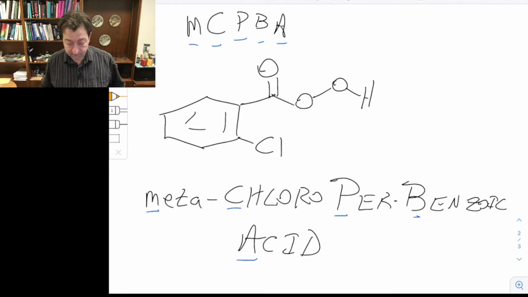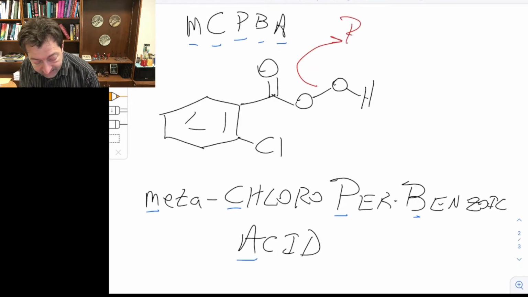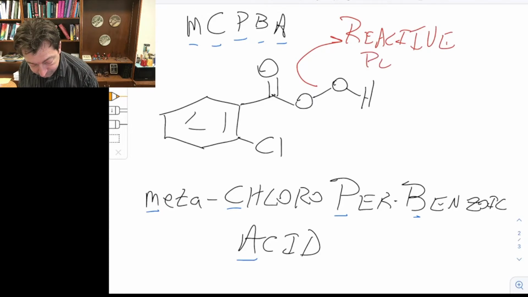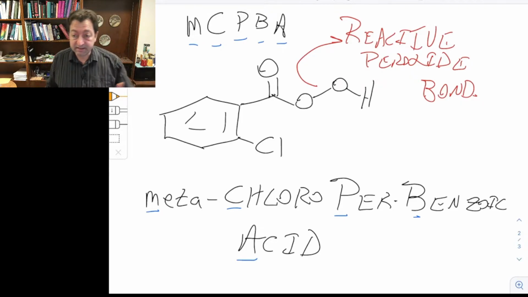There's the chemical structure of the molecule itself. Well, we'll look in a little bit of detail about how this particular molecule reacts, but I'll just point out that what we have here is a reactive peroxide bond, and we'll look at how this participates in this mechanism and leads to a dihydroxylation product.